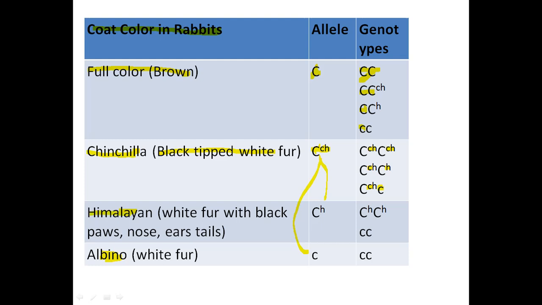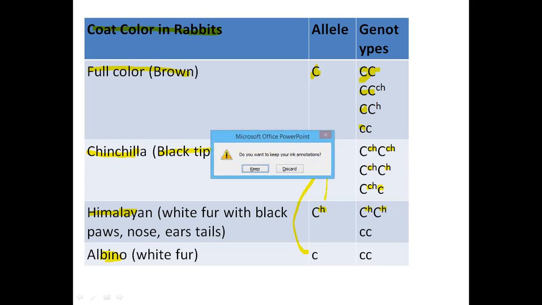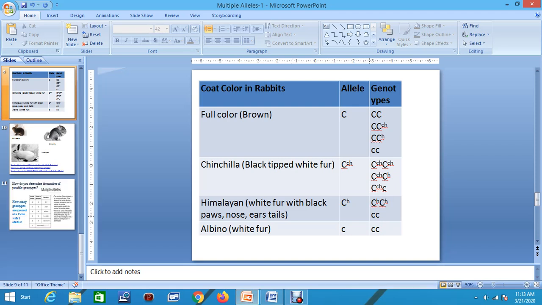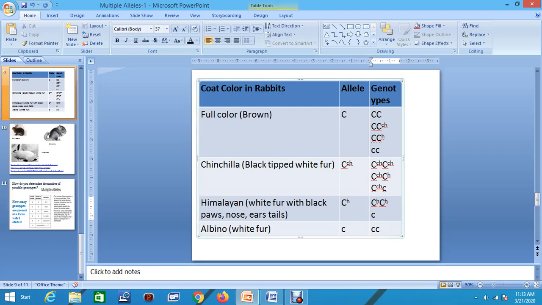Himalayan is only dominant over albino, that is, small c. So it is represented by C with a superscript h. Sorry, here I need to write it again. Discard this one.